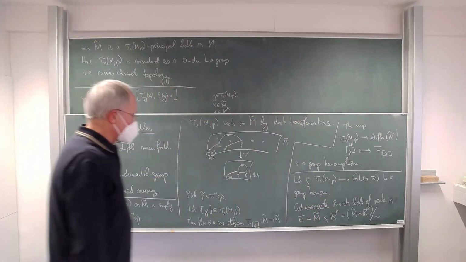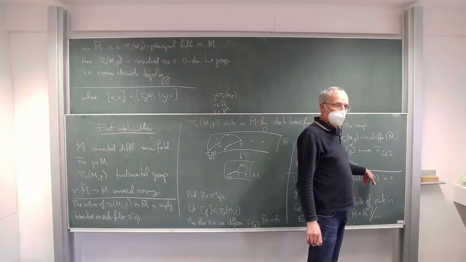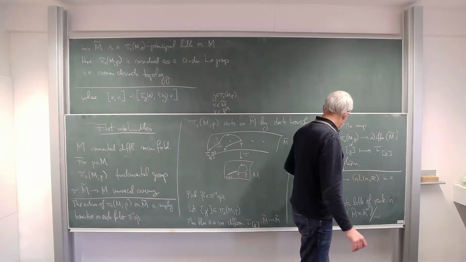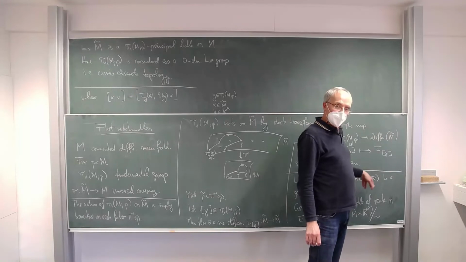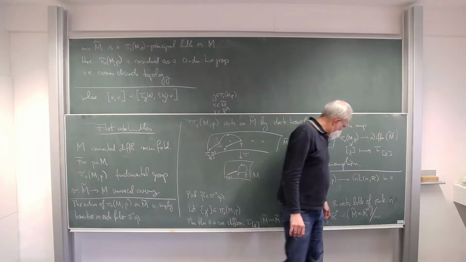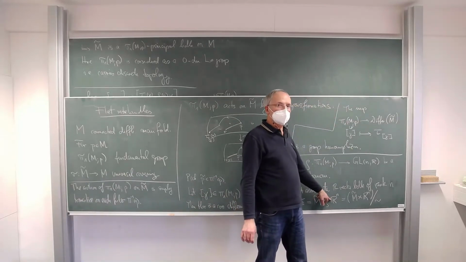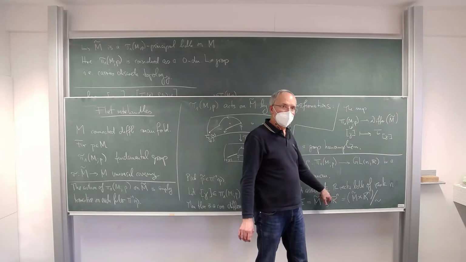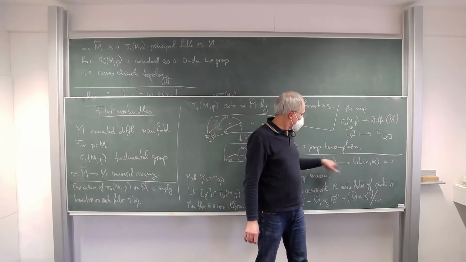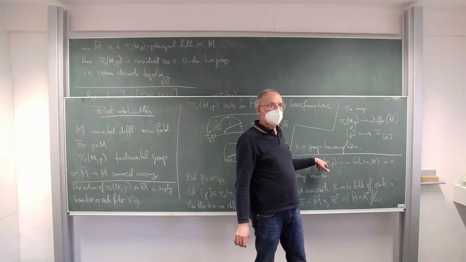But you could also replace GL_n(R) by O(n), for instance. Then this would act by orthogonal maps, and then we could take the associated vector bundle and just equip it with the standard scalar product from R^n, and since that would be preserved by these maps, it would induce a well-defined scalar product on each fiber, etc.